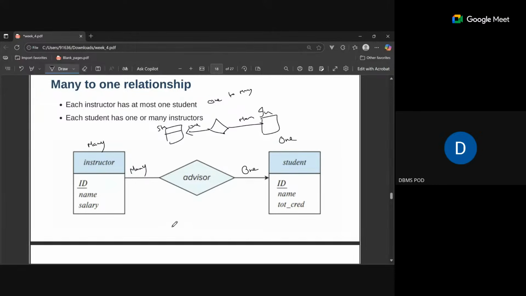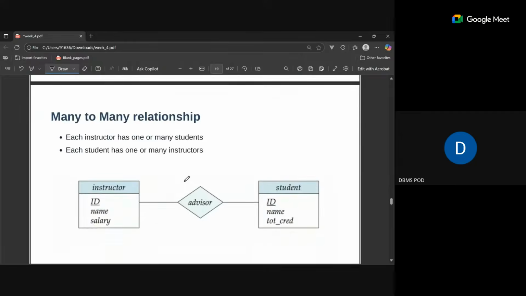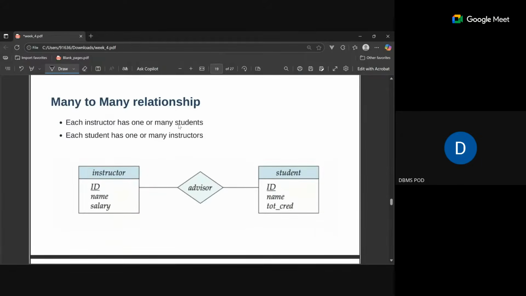Let's move to the next one. In many-to-many relationships, how do we define it? Without any arrow marks. You can see now I don't have any arrow marks at either end. In a many-to-many relationship, each instructor can have many students, and a student can also have many instructors.